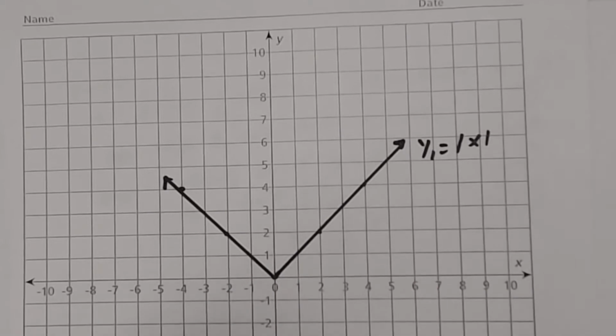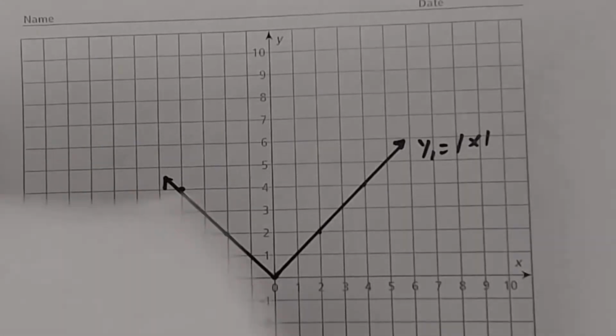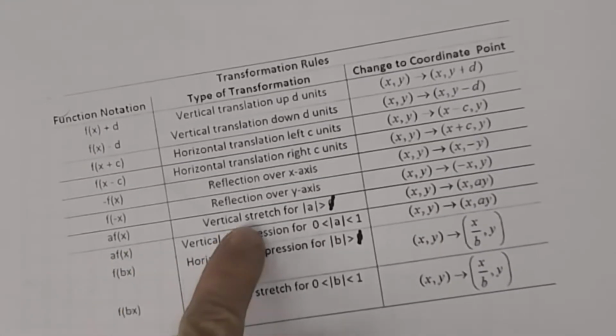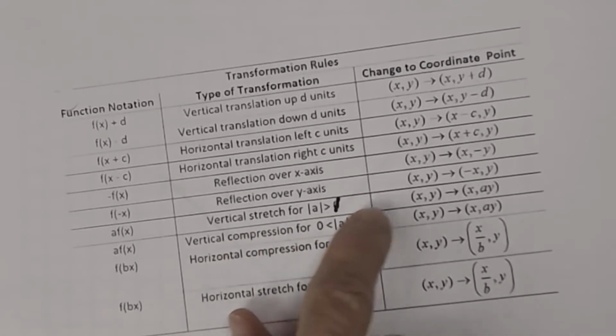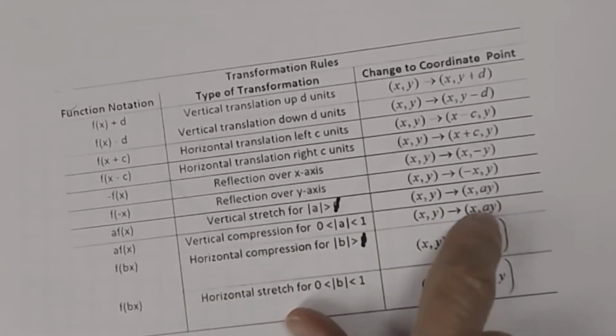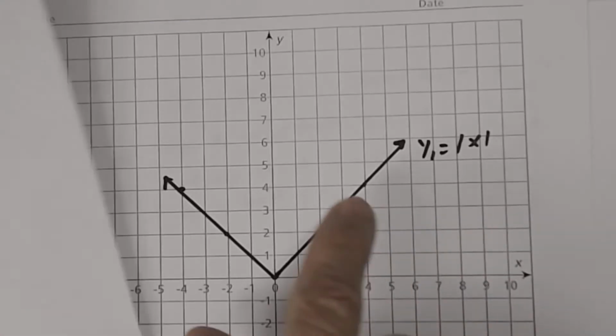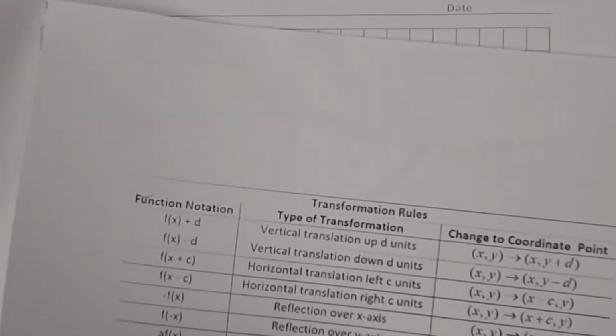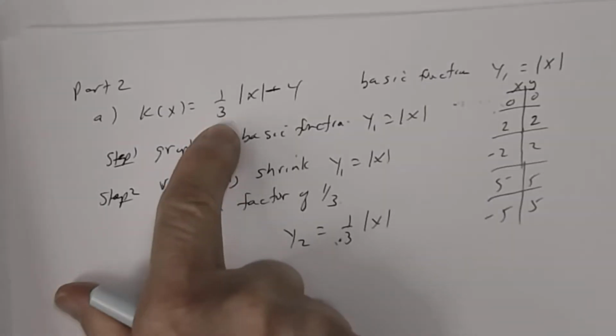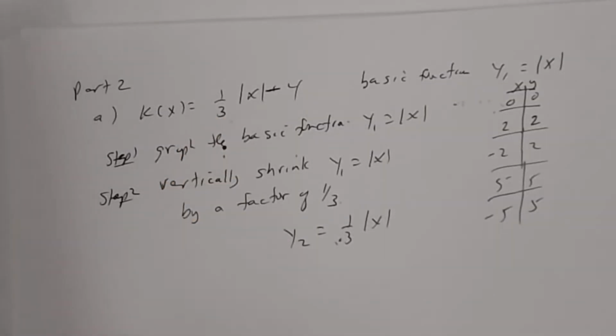So you may recall that when we looked at our rules in previous lessons, when we have a vertical stretch or vertical compression, the x values stay the same and the y values change, and they change by multiplying the y value by, in this case, the factor, which is 1/3. Okay.